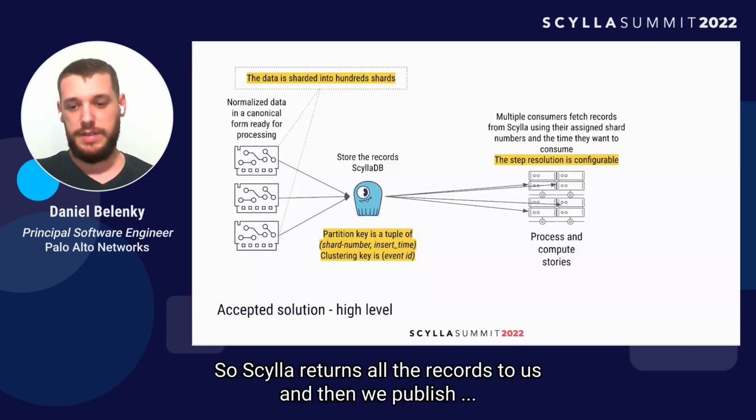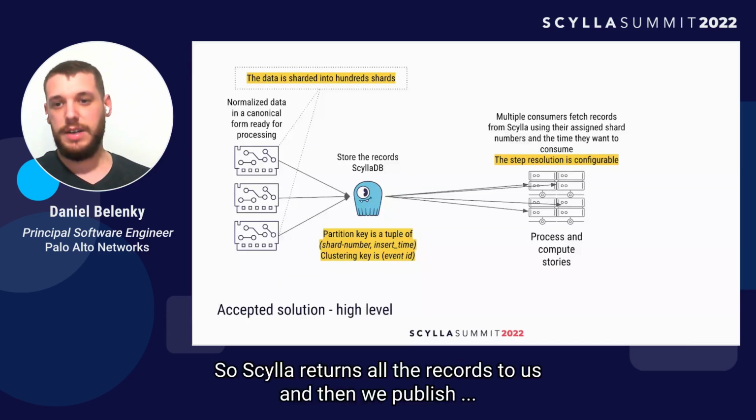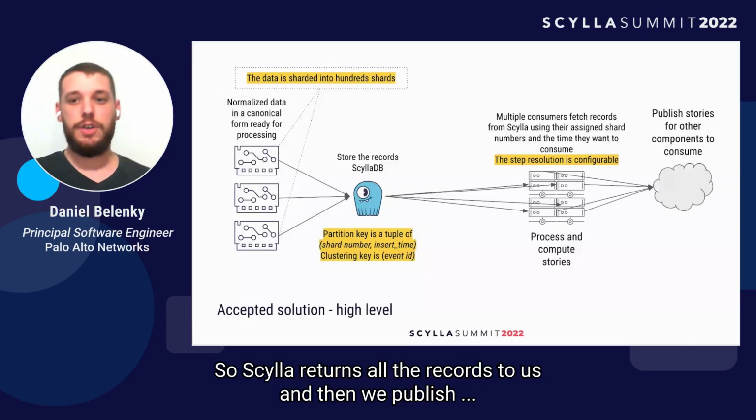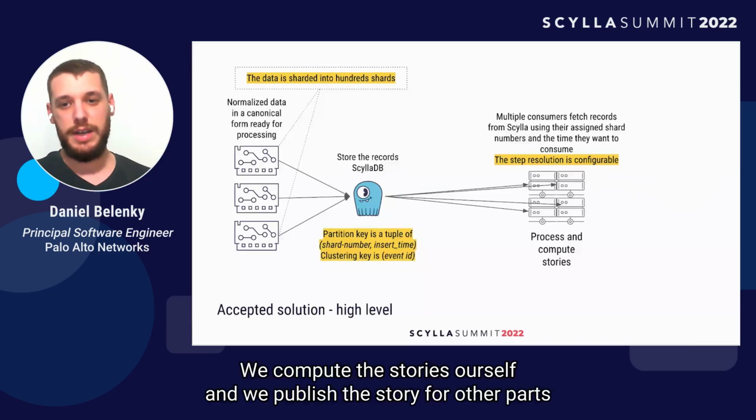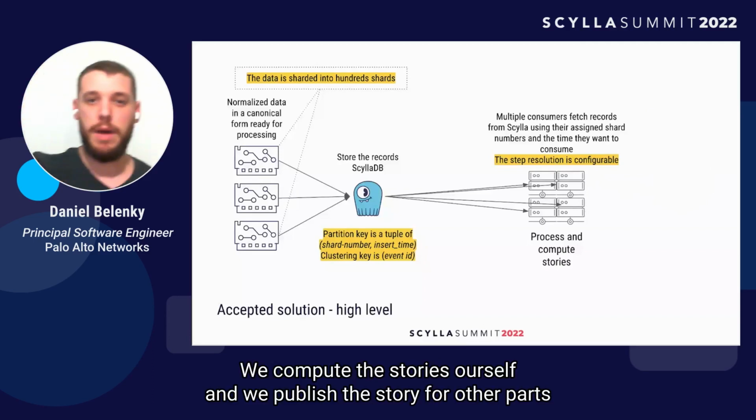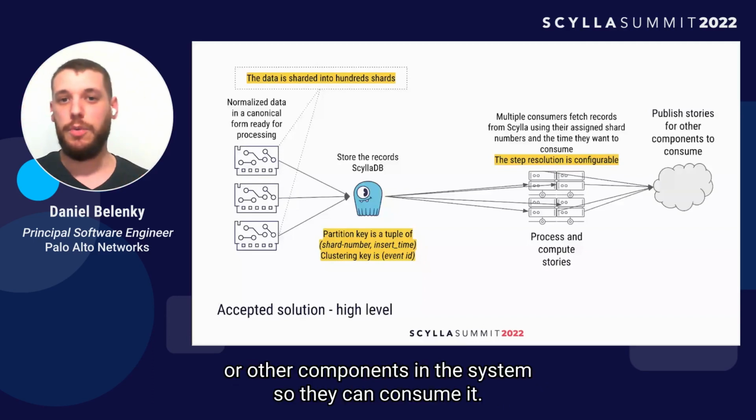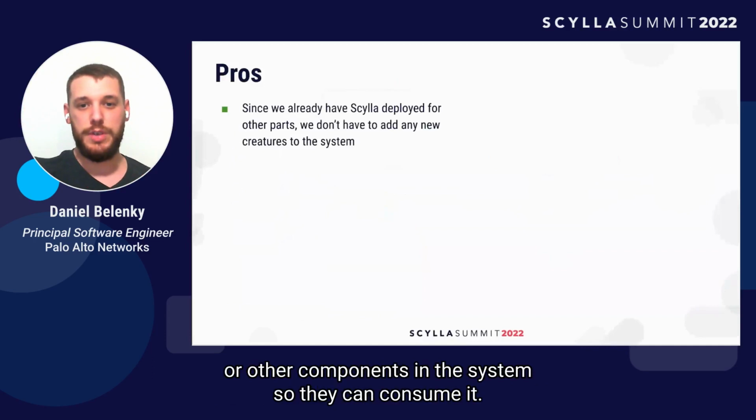So Scylla returns all the records to us, and then we compute the stories ourselves, and we publish the story for other components in the system, so they can consume it.